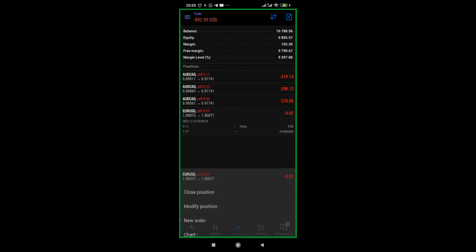Whenever price gets to either of your stop loss or take profit zones, you can see, when you tap on the screen, it will show you your SL and TP. Whenever price gets into either of those zones, you'll be taken out of that trade. It's as simple as that. Because this is not a trade that I want to take, I just go ahead and close the position.